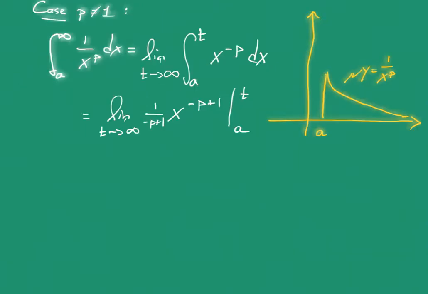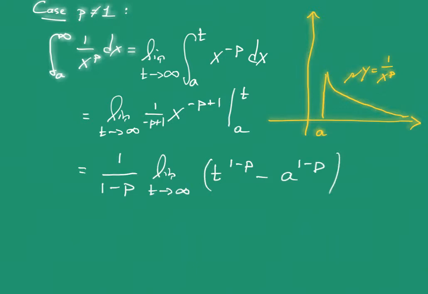Now this is equal to, pull that 1 over minus p plus 1 out of the limit and write it as 1 over 1 minus p. And then the limit as t tends to infinity, evaluating, we'll have t to the 1 minus p minus a to the 1 minus p.